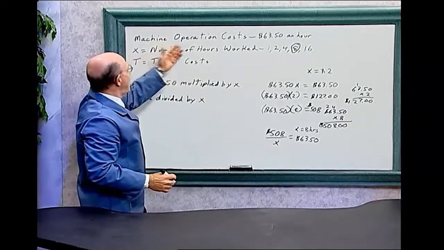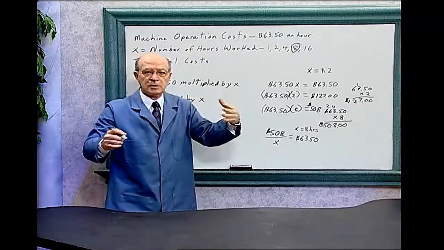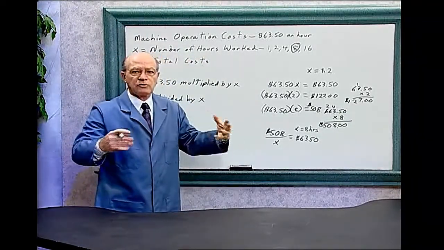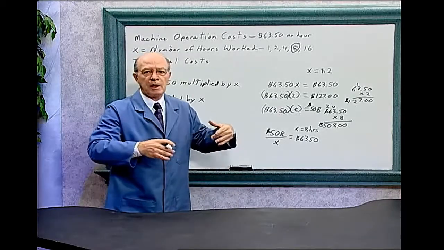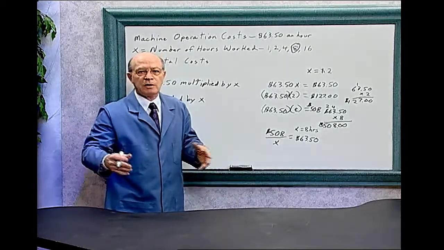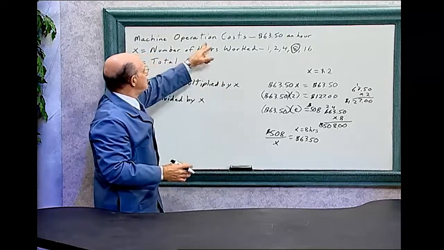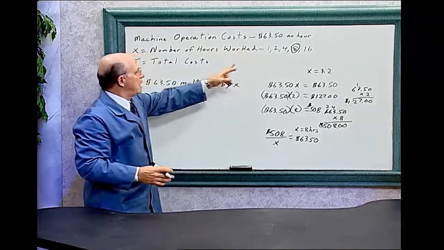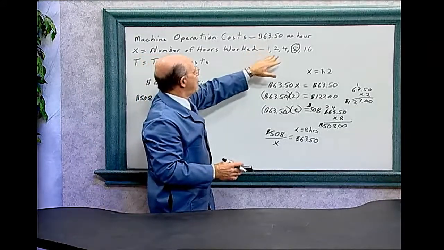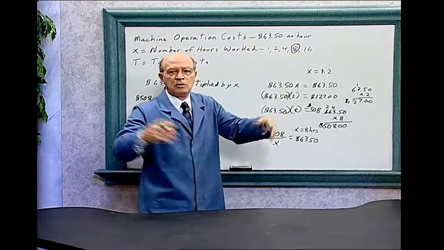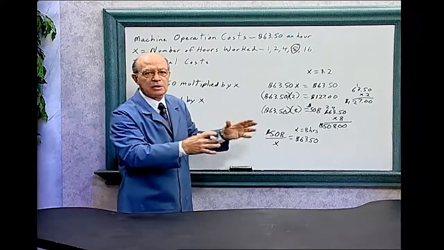Well, we know the machine operation costs, and that's, remember, as I told you, the cost for electricity, man hours, and wear and tear on the machine to maybe after 5 years or 7 years, we have to get another machine. That's all in this operation cost. And now, once we have the formulas here, we can figure 1 hour, 2, 4, 8, 16, 32, whatever it takes, how long a part is in there.